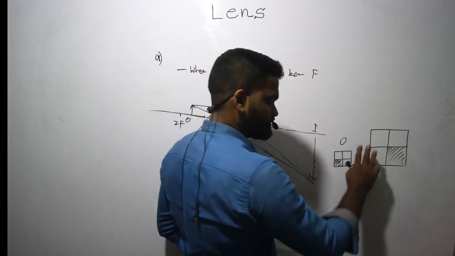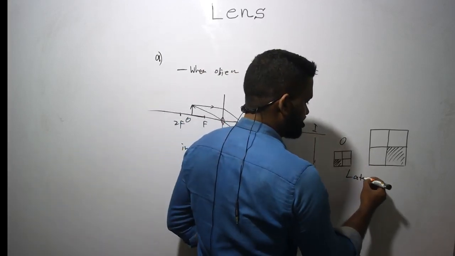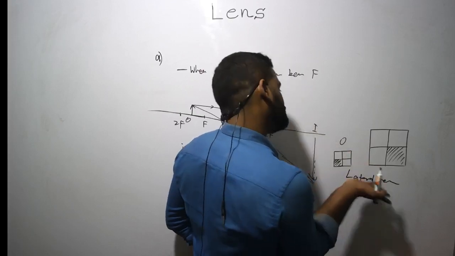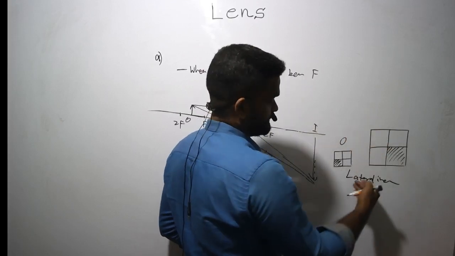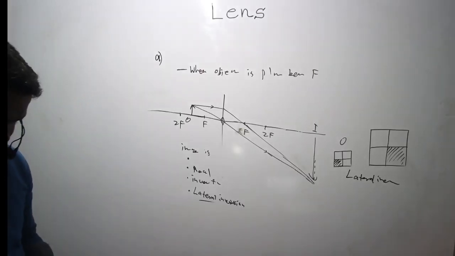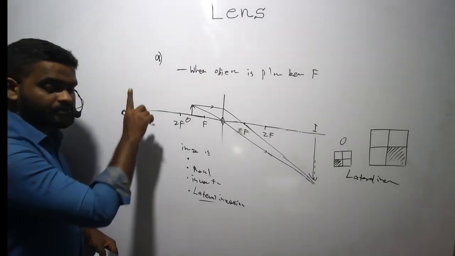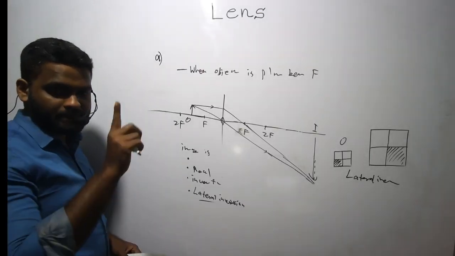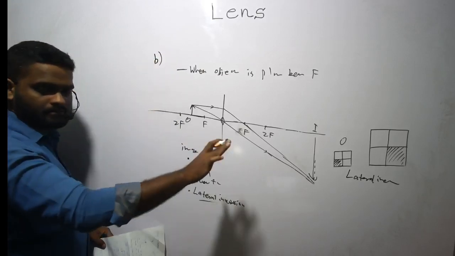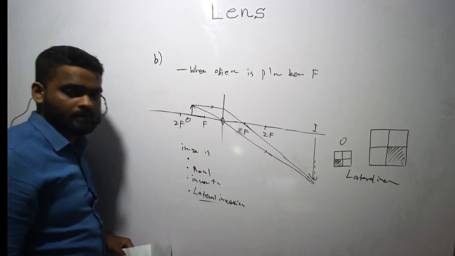Below that, write: lateral inversion. It laterally inverts and also vertically inverts. Okay, so that is the first type, simple A. Then write, did you draw this?